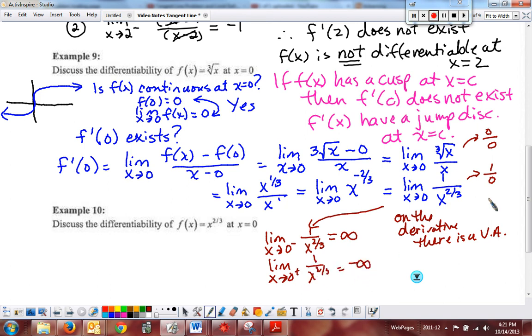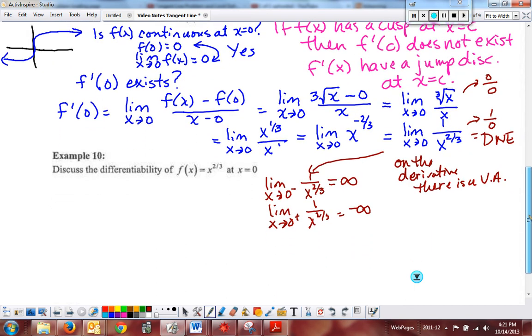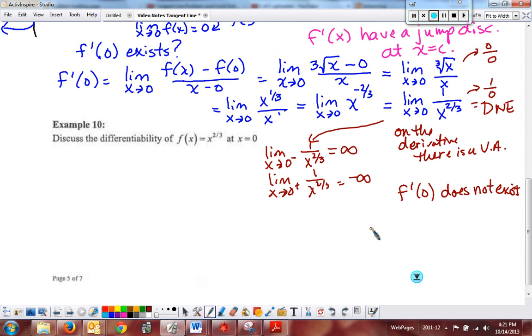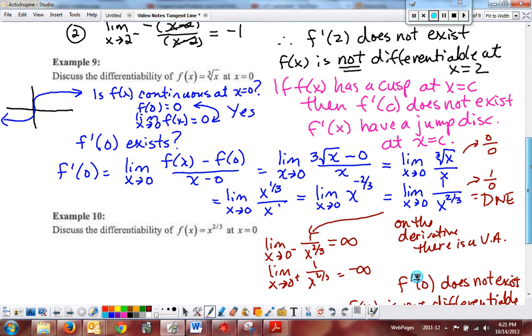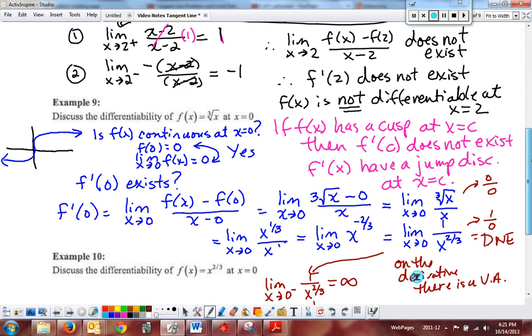Well, either way you go, this limit does not exist, which means that f prime of 0 does not exist, which means that f of x is not differentiable at x equal to 0, because our limit did not exist when we did the definition of the derivative.